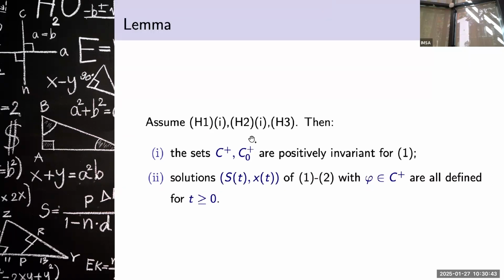And then, okay, we have some direct results in that direction. So here that ensures that the sets that we started, that we look for our initial condition, are totally invariant for our equation. And also that our solutions are all defined for all times.